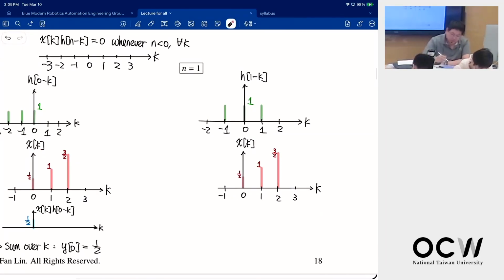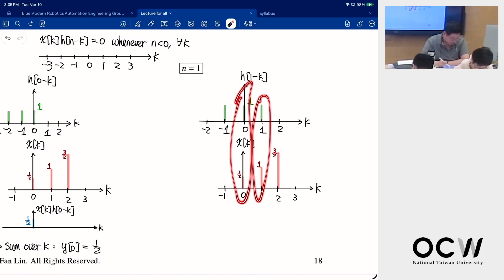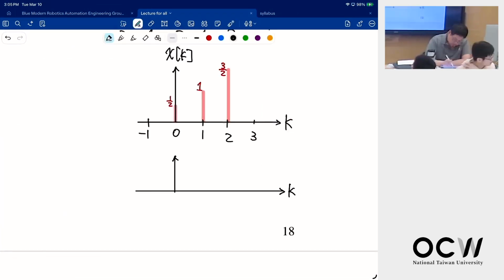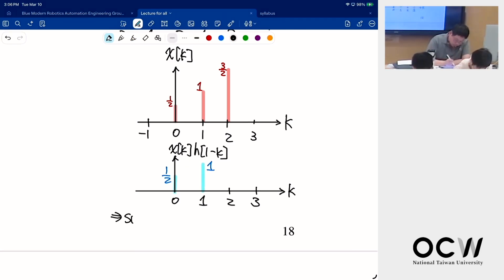You do the multiplication: here we have a value, here we have a value. So at 0 we have 1/2, at 1 we have 1. So this is x of k times h of 1 minus k, and we have 1/2 and 1. If you do the sum over k, you have y1, that's 3 over 2.